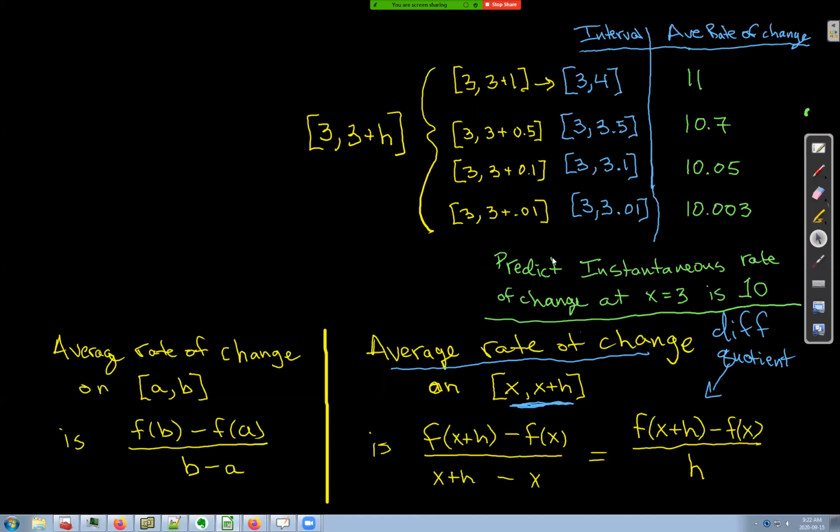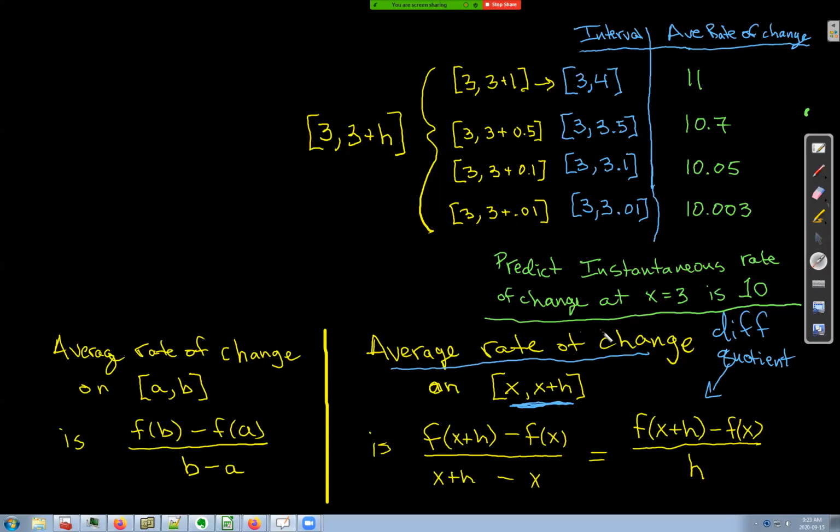Okay, so that was really a long story. I hope it made a little bit of sense. So a one-sentence summary is: the difference quotient is a special kind of rate of change, the special kind that comes up when you try to turn average rate of change into instantaneous rate of change.